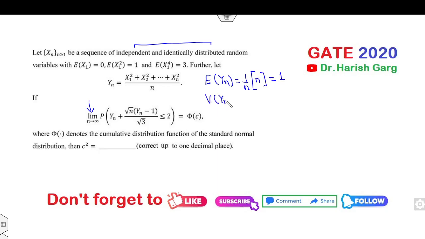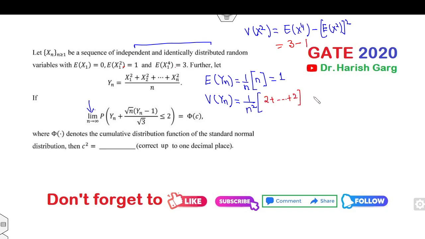Can you find the variance of the yn? 1 over n square is outside. This is the variance of the x square. How can you find the variance of the x square? E of x4 minus the square of E of x square. What is the E of x4? 3 minus 1. That's a 2. So 2 plus 2 plus 2 up to the n times. So that is 2 over n.